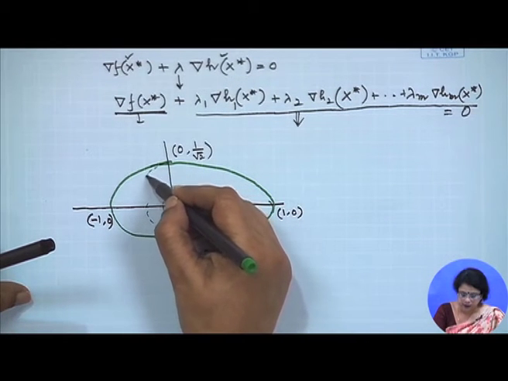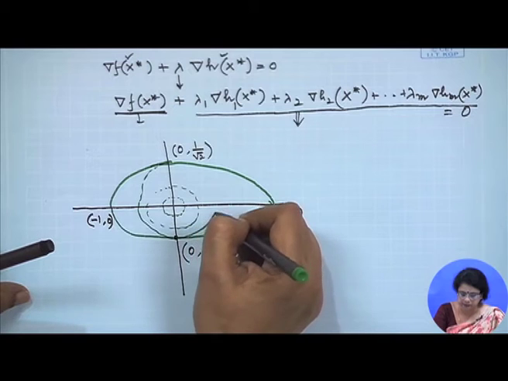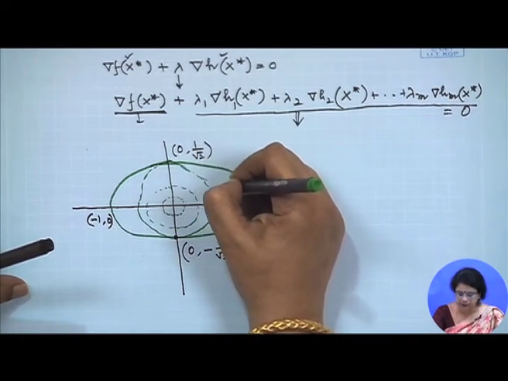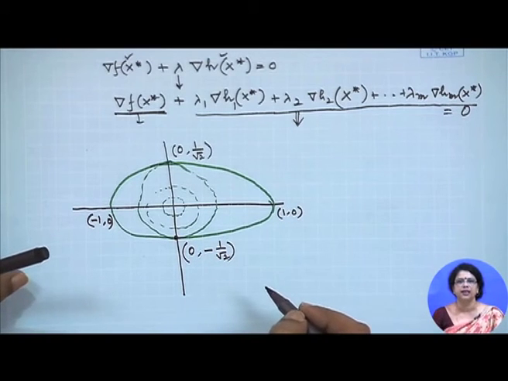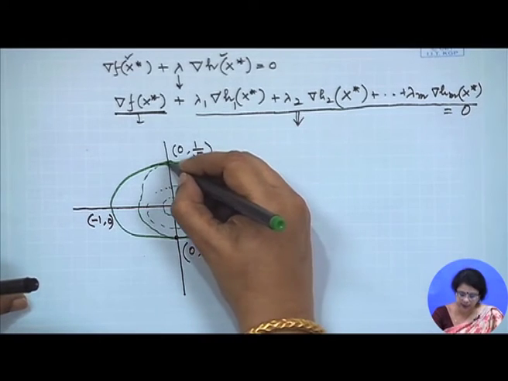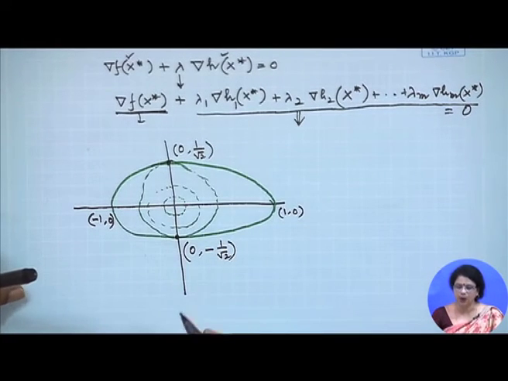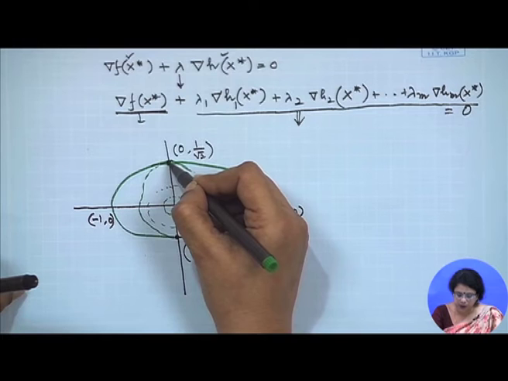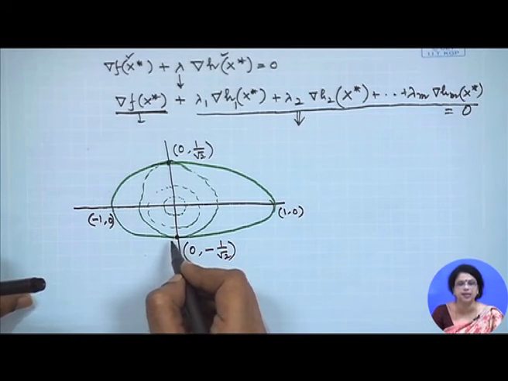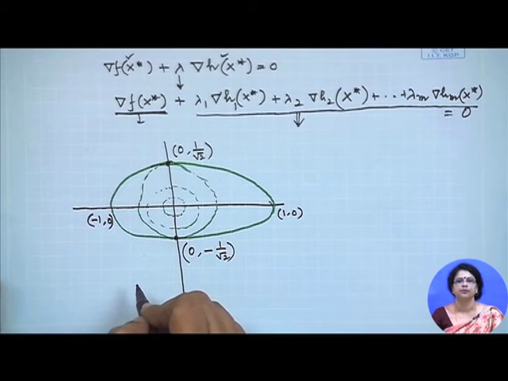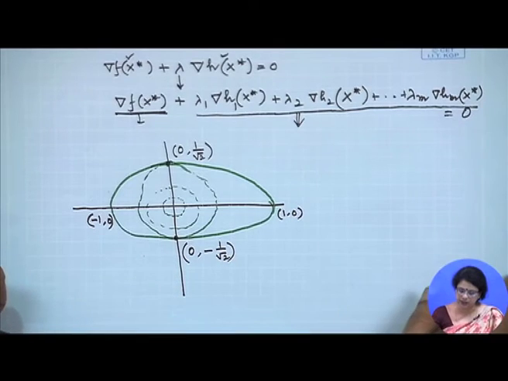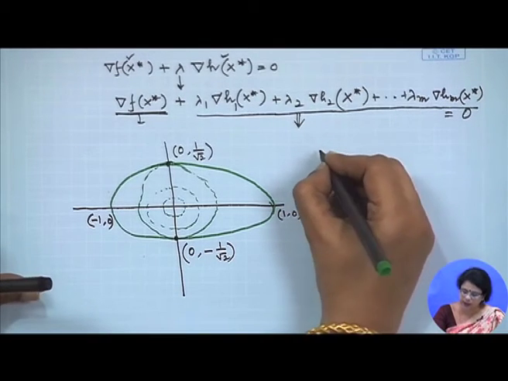What should be the minimum value of the radius of the circle when it first touches the feasible space? Certainly this is the point. That could be one optimal point and this could be another optimal point. We have to find out that these two points are minimum points.